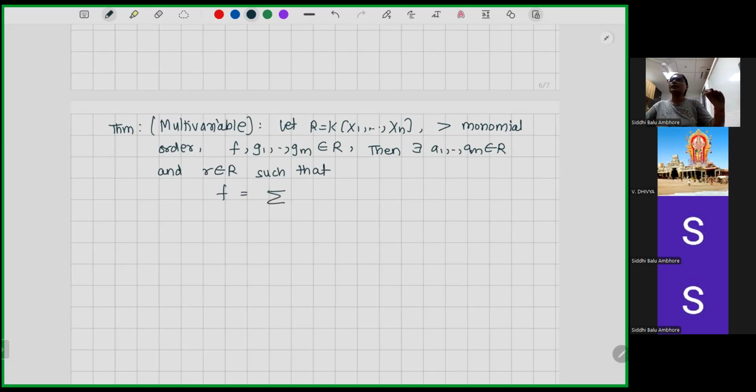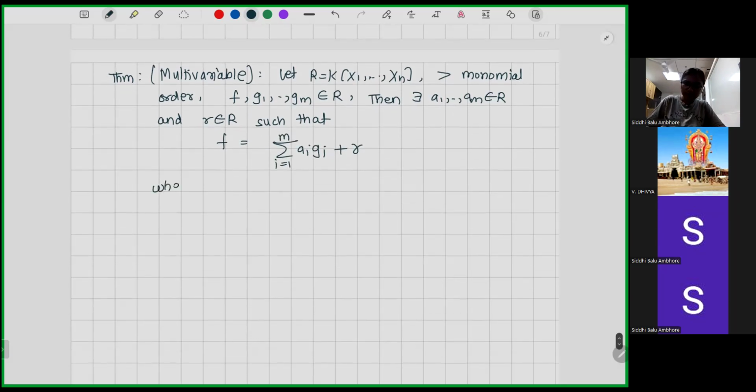So this is not only multivariable division, this is also dividing with respect to multiple polynomials. Okay, so there's a difference when we divide by just one element and by multiple elements. If we only consider g1, it will be some a1 g1 plus r with r satisfying some condition, but we are doing something more general in this case.